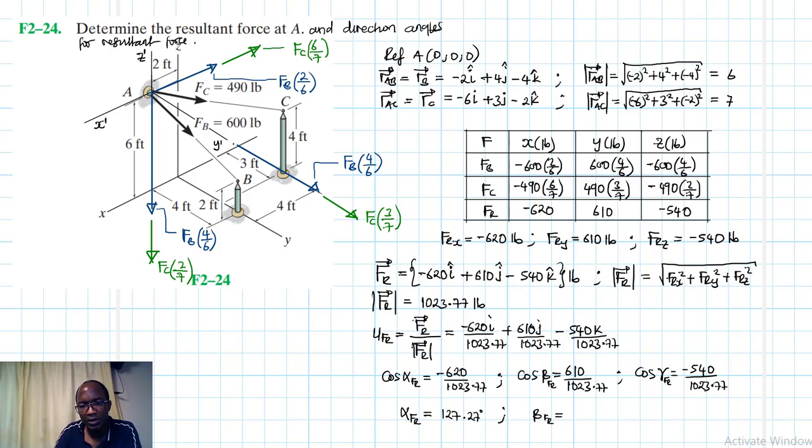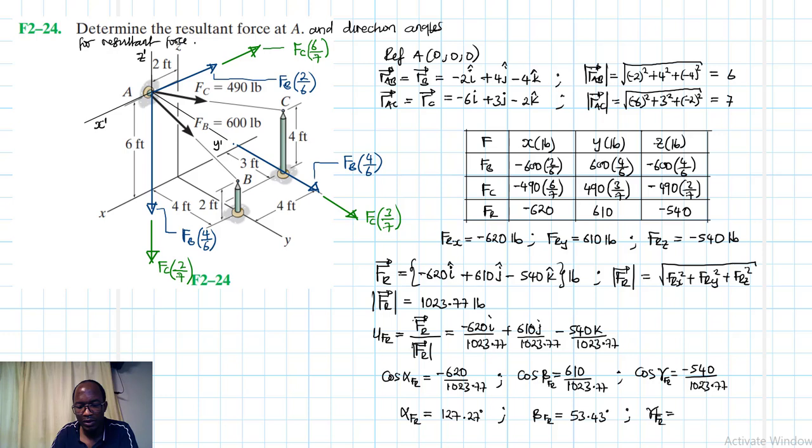Alright, so this is equal to 610 divided by 1023.77. Cos inverse of that gives us 53.43 degrees. Finally, gamma FR is just going to be equal to minus 540 divided by 1023.77.